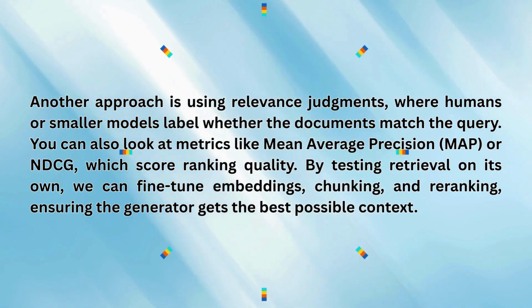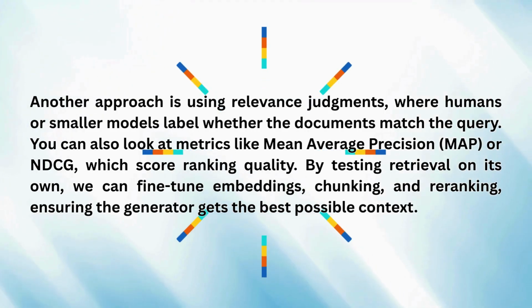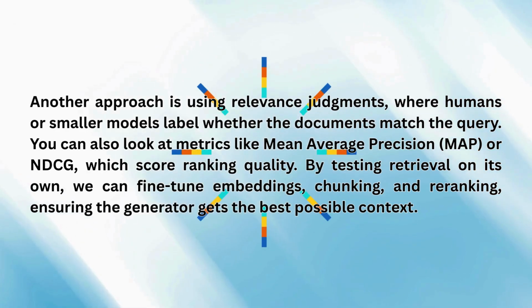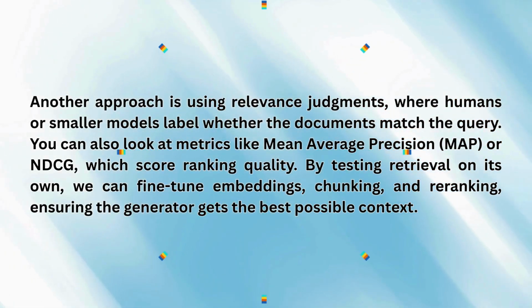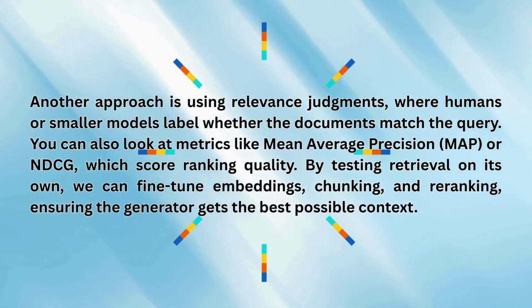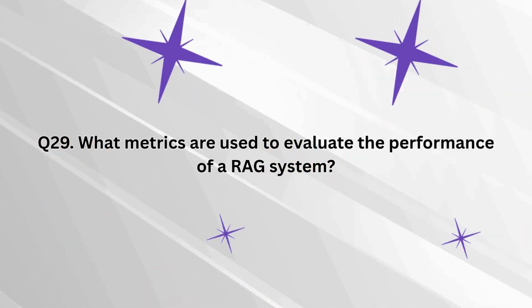You can also look at metrics like mean average precision, MAP, or NDCG, which score ranking quality. By testing retrieval on its own, we can fine-tune embeddings, chunking, and re-ranking, ensuring the generator gets the best possible context.